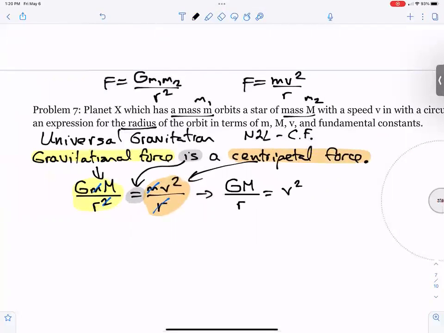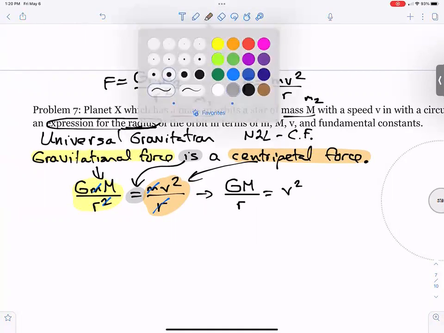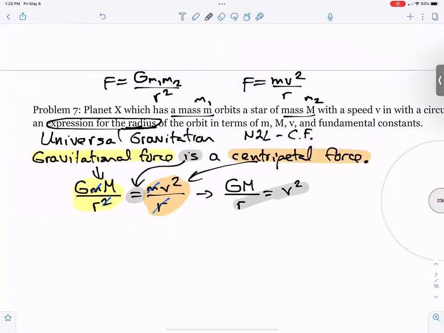Now you're trying to develop an expression for the radius of orbit. So let's go ahead and solve for r. We can do that by doing a little switcheroo right there, and we get the radius is equal to GM over v squared.